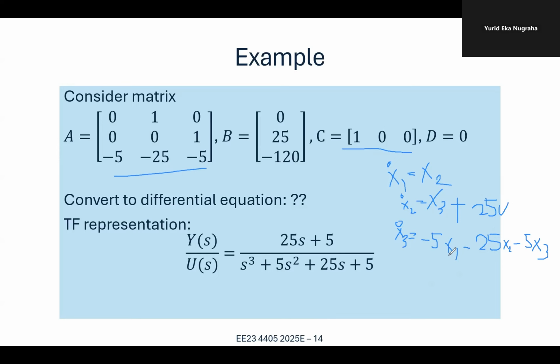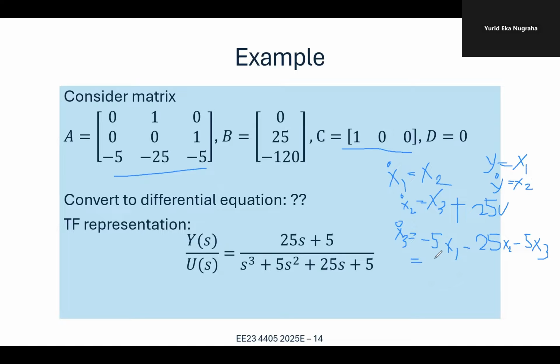And to obtain the transfer function, we need to work with y. So y is x1 clearly, then y dot is x2, because y is x1 and y dot is x2. So then x3 dot, we will keep it as it is for now.